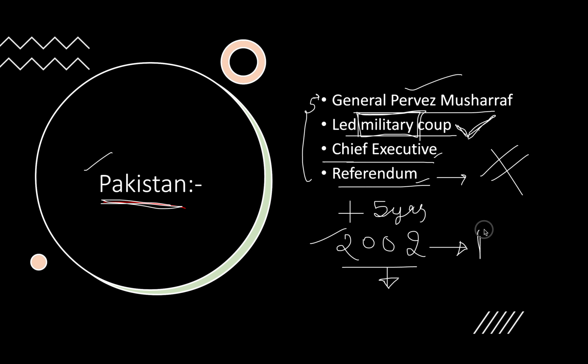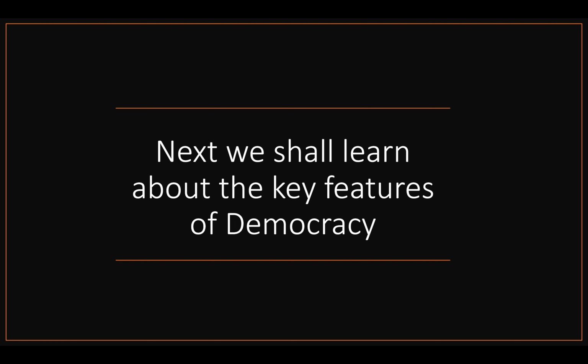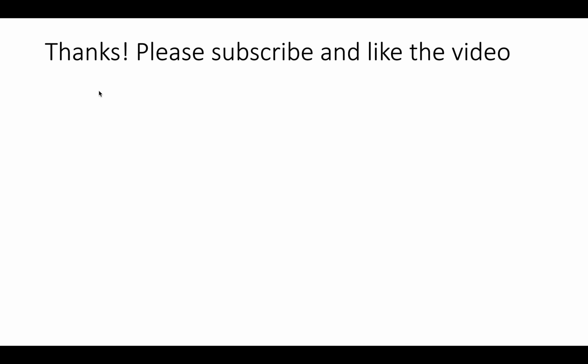Whoever is sitting in parliament, he got the right to dismiss those people. So can we say that it is a complete example of a non-democratic country? Yes, we can. Now next we shall learn about the key features of democracy, and in the next lecture we are going to do that.